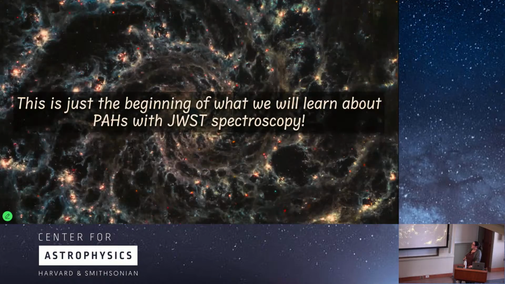So with that, I just want to point out this is the beginning of what we're going to learn with JWST spectroscopy of PAHs. There's a ton of other little features that we haven't explored yet. It's hard to even categorize some of the large number of things that you see.